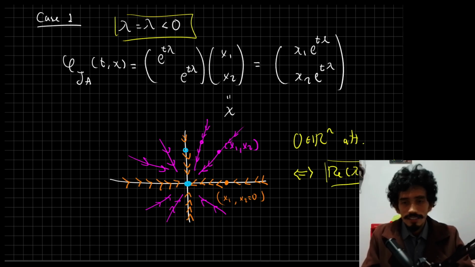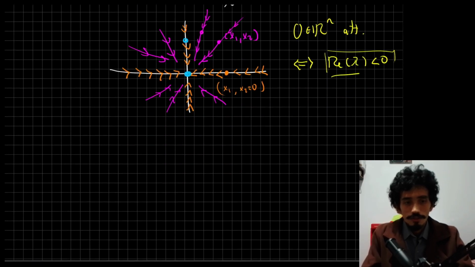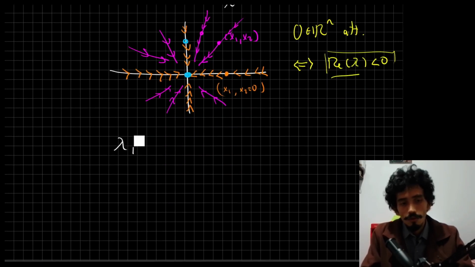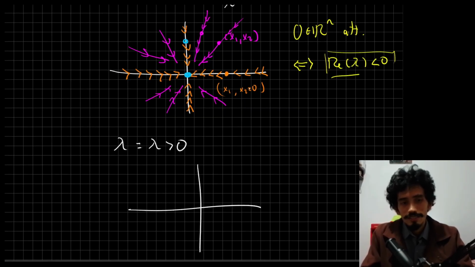So the next case is quite straightforward also. What happens when both eigenvalues are positive? The situation will be reversed, right? It's not difficult to see that. So the origin always stays at the origin, and then the fluxes will go away from the origin in lines.